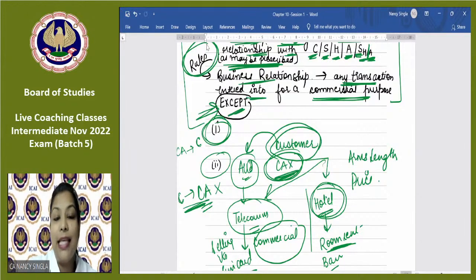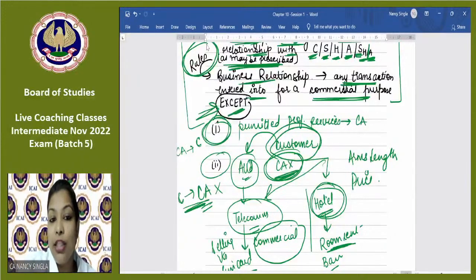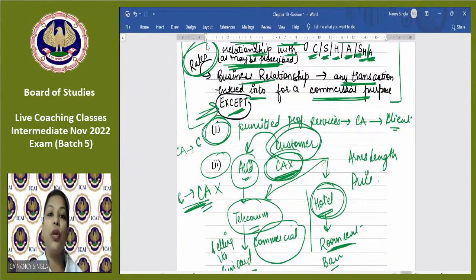So it says that if permitted professional services are being provided by the CA to the client, then it will not be considered as having business relationship for the purpose of this clause, है ना. But the services should be what?